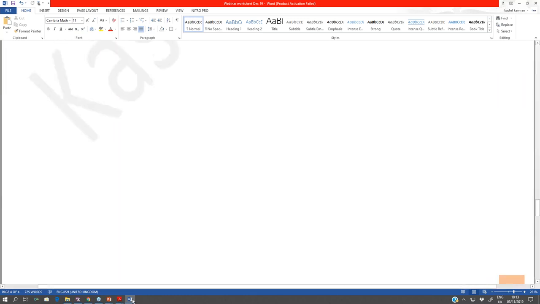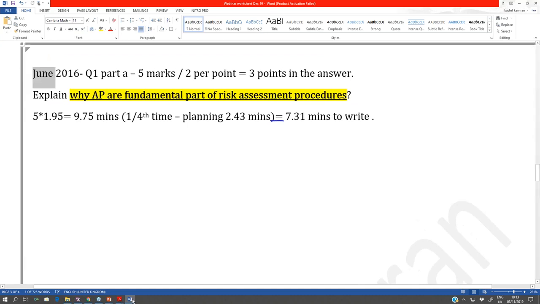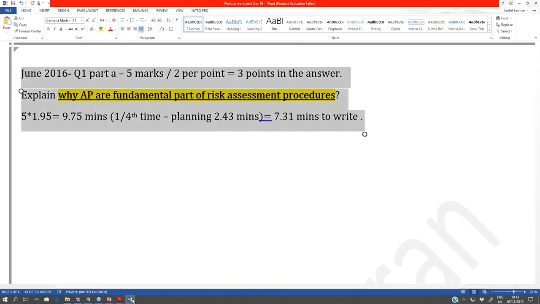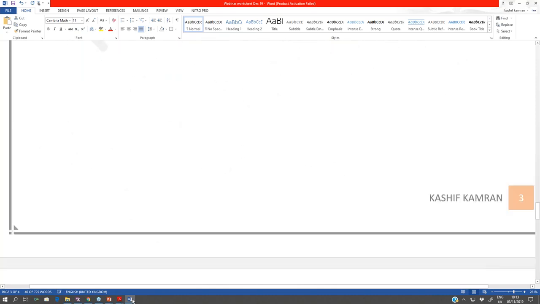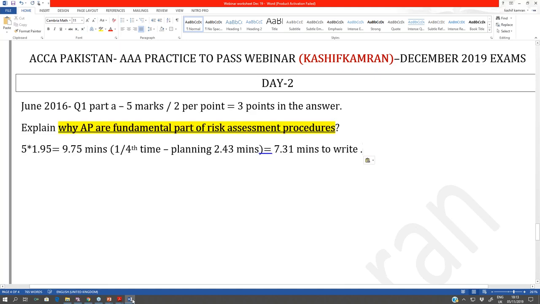I just need to bring this question down from my day 1 file. The time management was even discussed yesterday. I hope you remember the time rules we made: we have 1.95 minutes per mark, and from that, one quarter of the time is to be spent on reading and planning.